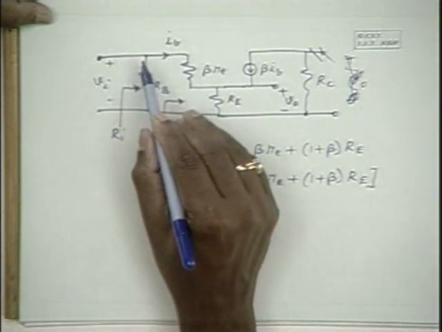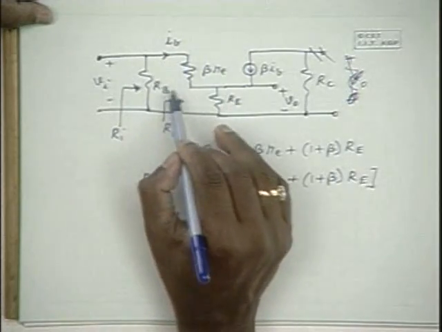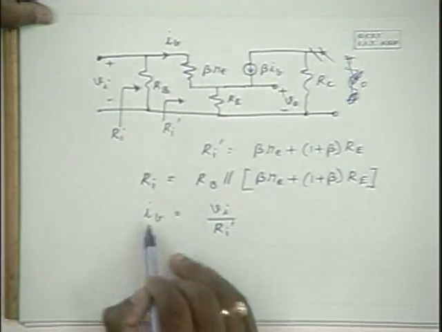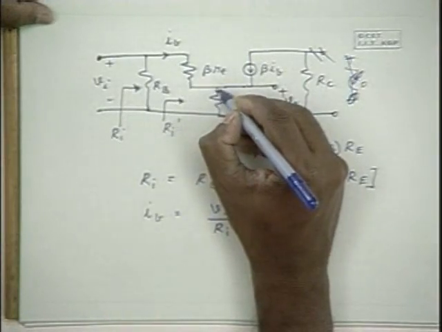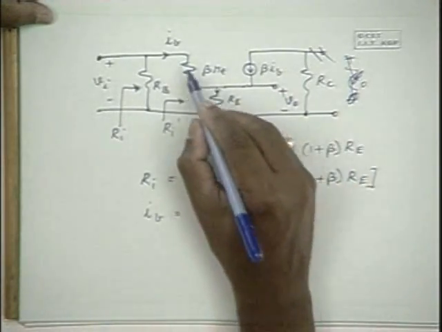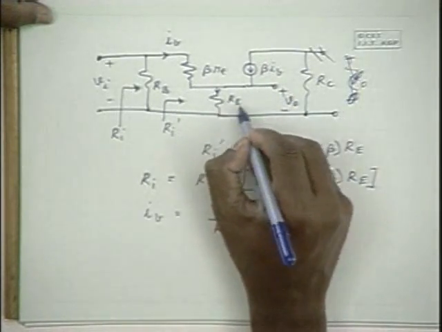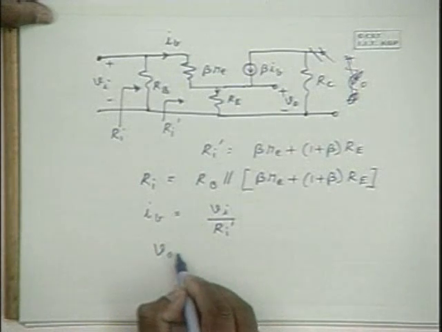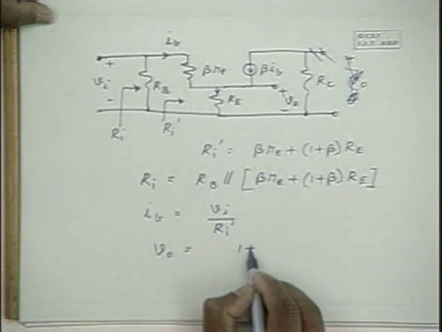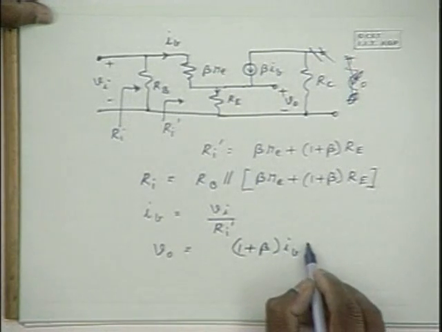There is no series resistance here, therefore the voltage across this is also equal to Vi, and Ri dash is the impedance, therefore this is the current. And what about the output voltage? Output voltage is this IB and this beta IB, 1 plus beta IB into Re.